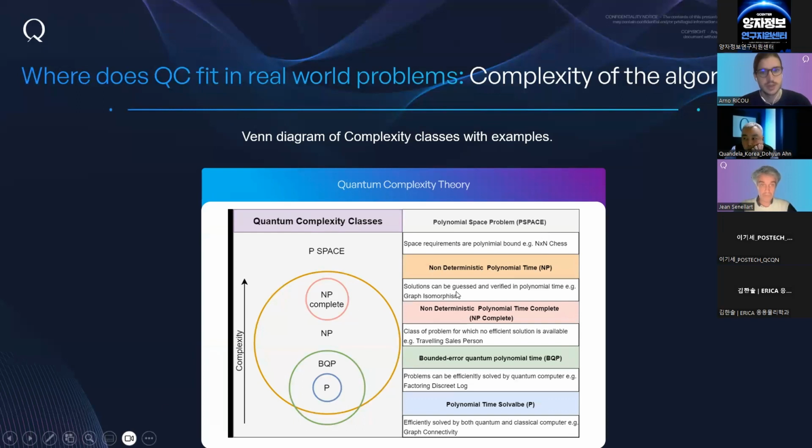For the NP class, you have graph isomorphism, where checking if graphs are isomorphic is an NP problem. Traveling salesman problem is maybe one of the well-known NP-complete problems. And then we have another instance of a P problem with graph connectivity.